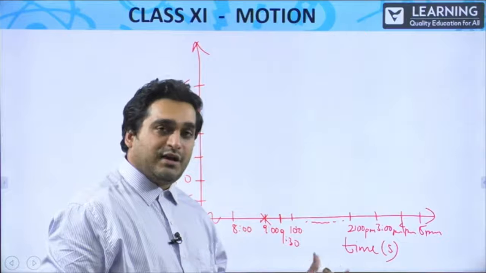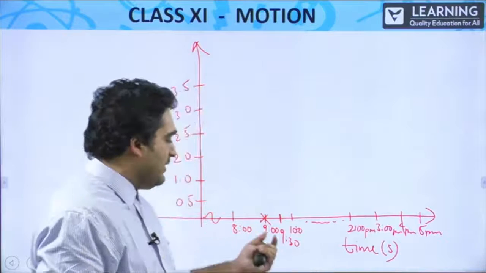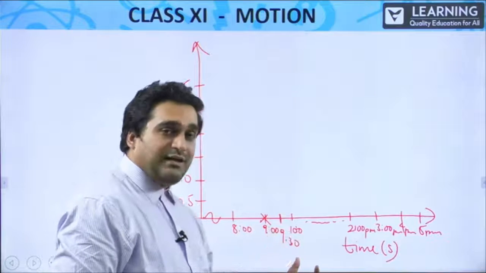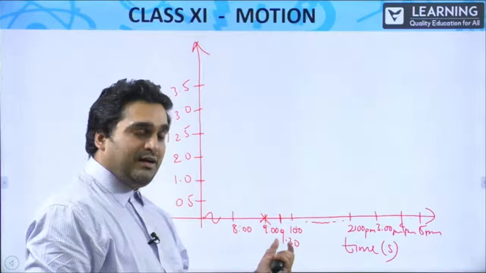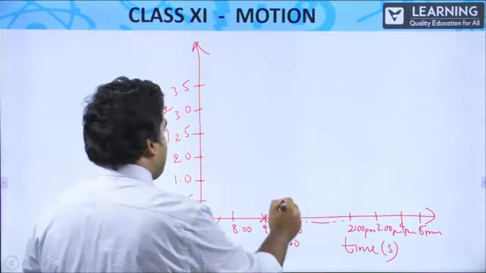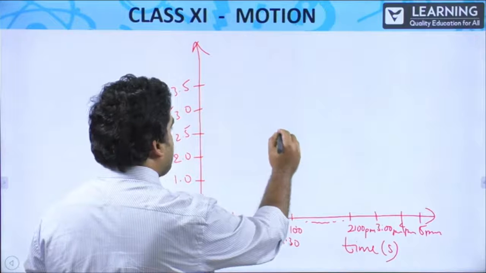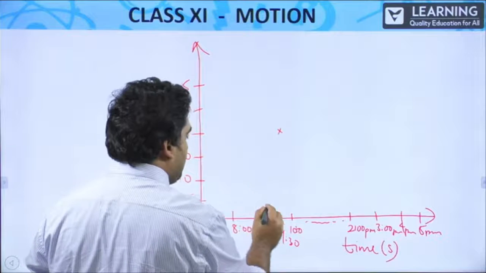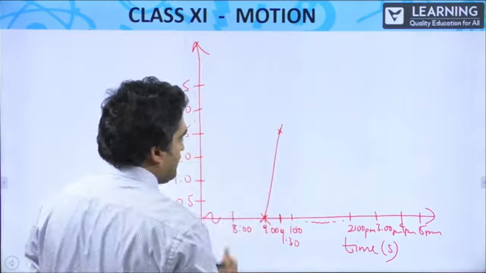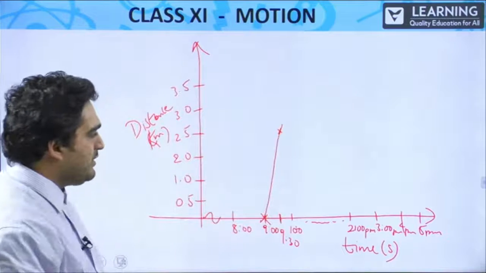If I had an actual graph paper, it would be easier. Between 9 and 10, at 9:30, she reaches the office and covers a distance of 2.5. So draw a line. This line will have a little inclination to it.